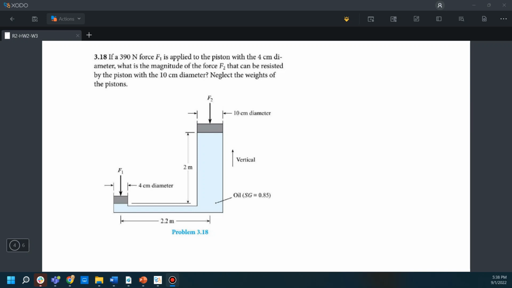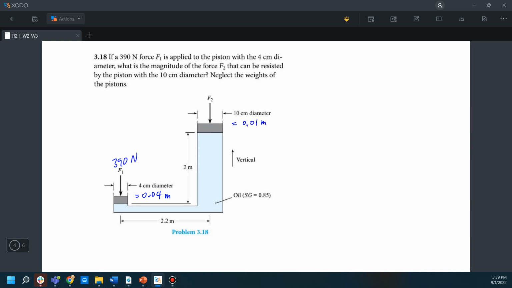So this problem is given that we have 390 Newton force to apply to this F1 with the 4 centimeter diameter, which is 0.04 meter, and we want to calculate what is the magnitude of the force F2 that can be resisted by the piston with the 10 centimeter diameter, which is 0.1 meter.